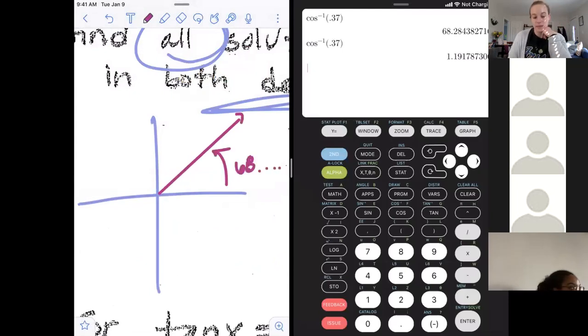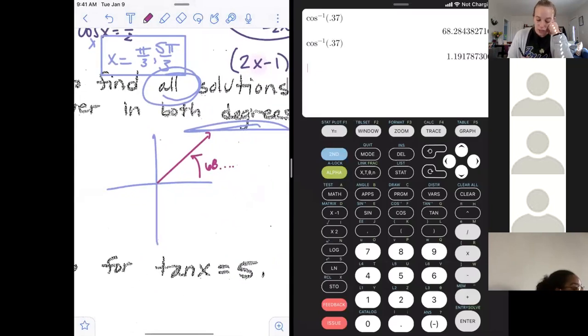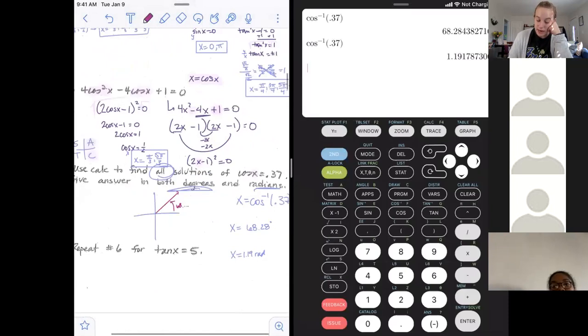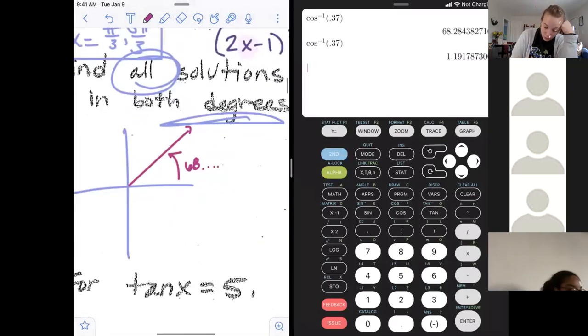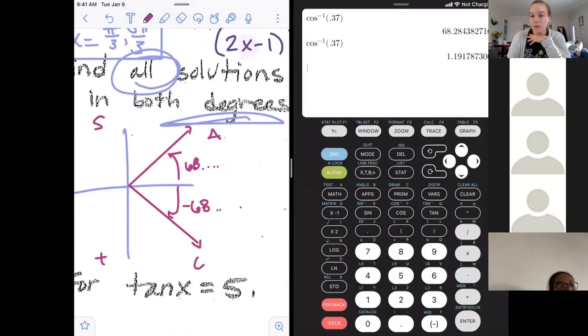Now, we could have it in positive 68, or if it's cosine, we could also have a positive cosine ratio in not just the first quadrant, but also the fourth quadrant. So we could also have it down here. To represent it in the fourth quadrant, we could also do negative 68 point something. So to represent that, we're going to write plus or minus 68.28.